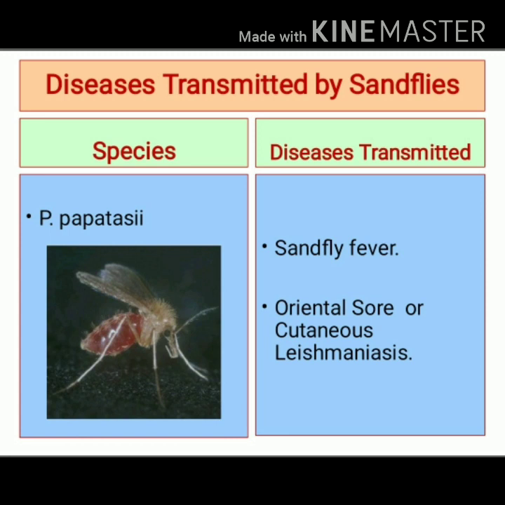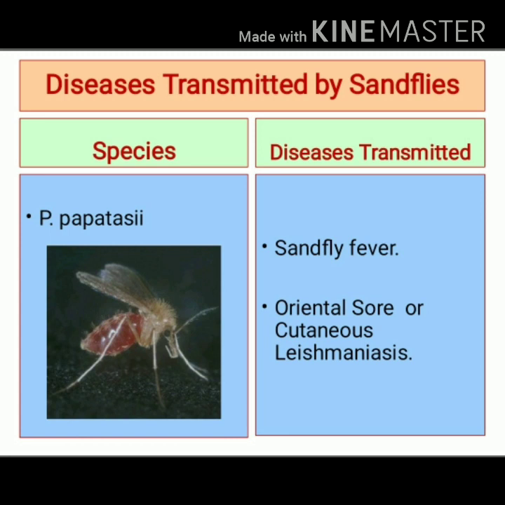It is Phlebotomus papatasi. It is important vector for sandfly fever. Sandfly fever is also known as Phlebotomus fever or 3-day fever. Causative agent of sandfly fever is sandfly fever virus. It is an RNA virus, belongs to the family Bunyaviridae.